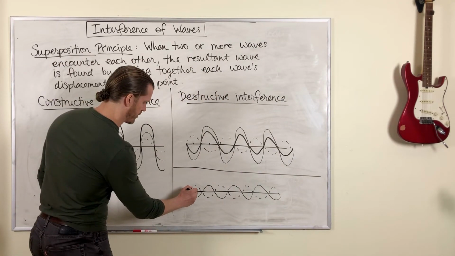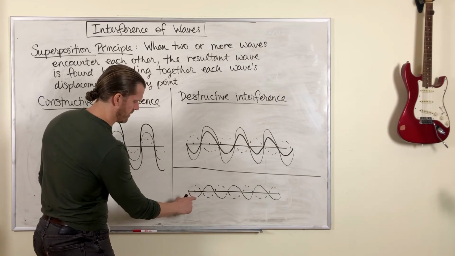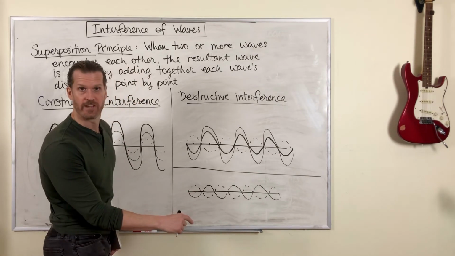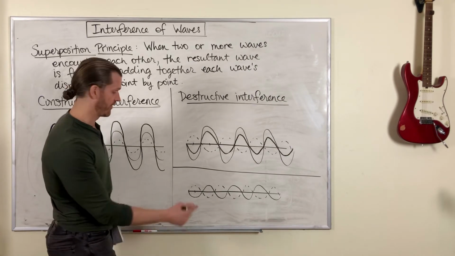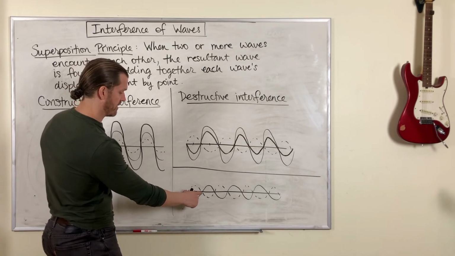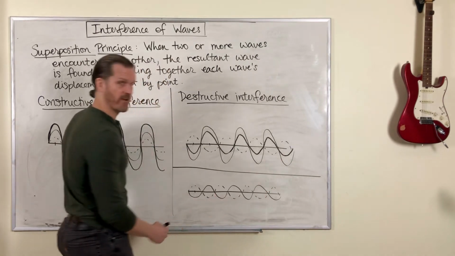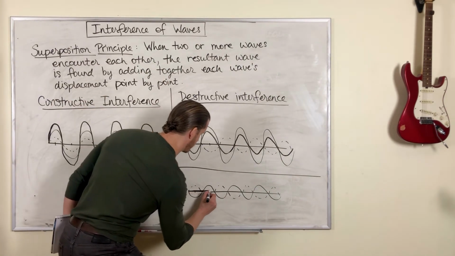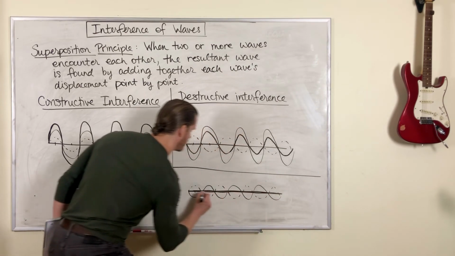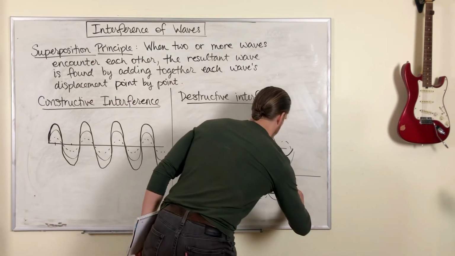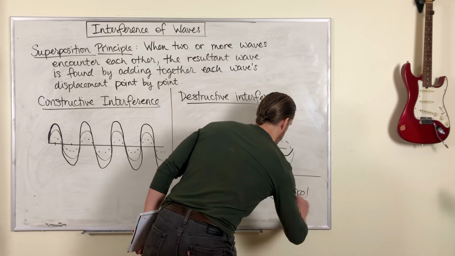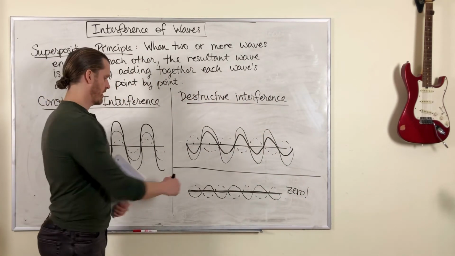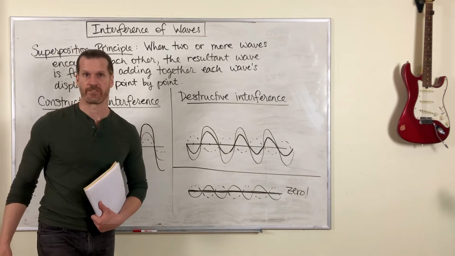Well, take a look at this point. If you add this one, negative, plus this one, positive, they're the same amplitude, opposite signs, it gives you 0. And the same is true everywhere. So these two waves just cancel each other out completely. You get 0 everywhere. So this is completely destructive interference.